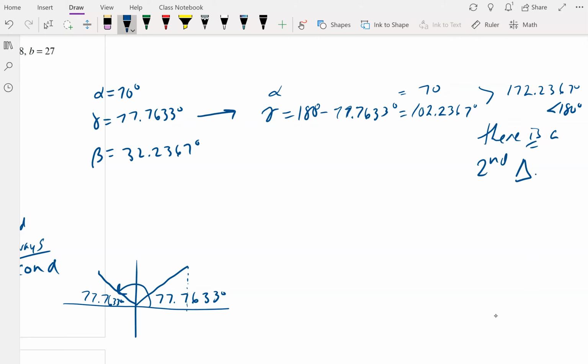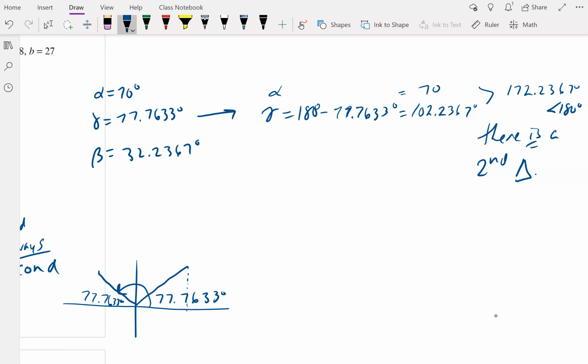Let me go through again why we did this. We found the 77 using our law of sines. But remember, SSA is not a congruence theorem. It does not completely determine the triangle. We know there's at least one. We're trying to see if there's two. So the way we see if there's two is that we take the gamma, or whatever angle we solved for, subtract it from 180, and then check if the two angles added together are less than 180.